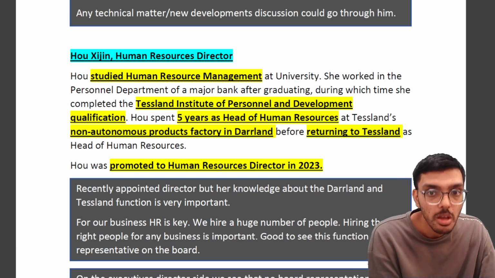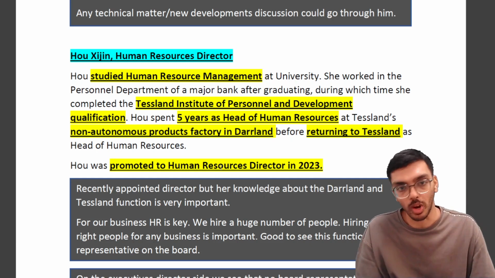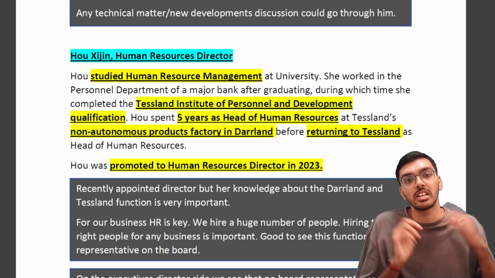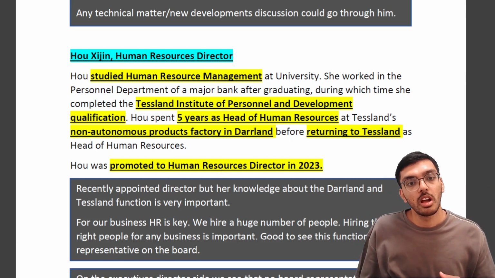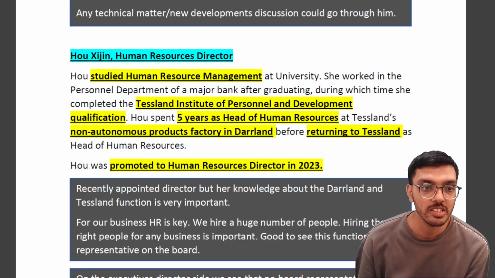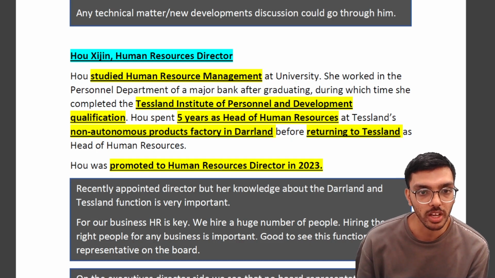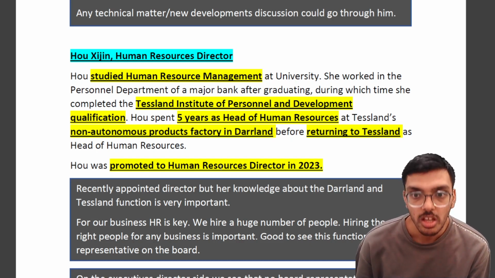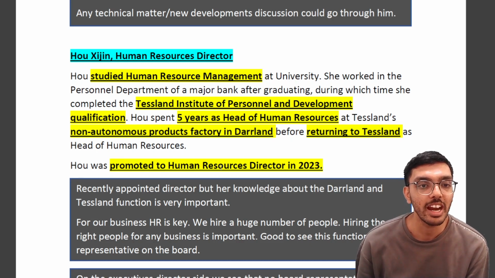So she has personnel and development qualification from a Tesland Institute. Hao spent 5 years as head of human resources at Tesland's non-autonomous products factory in Darland before returning to Tesland as head of human resources.